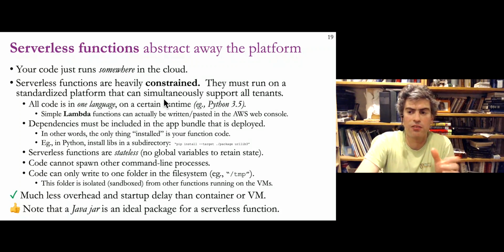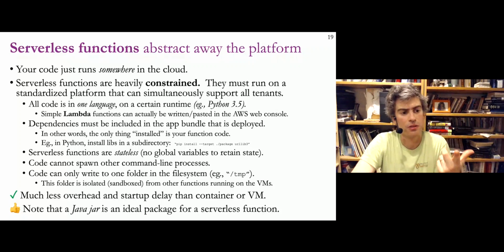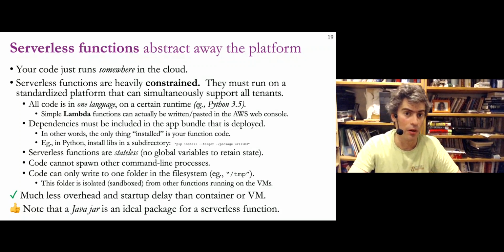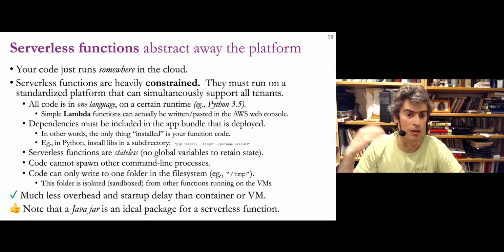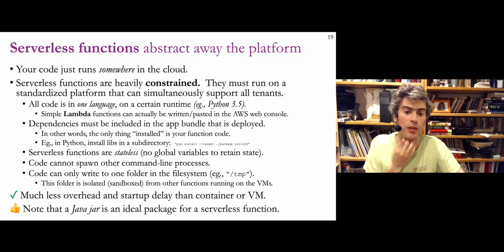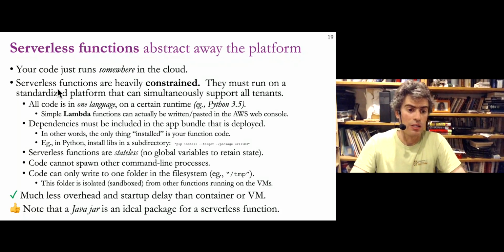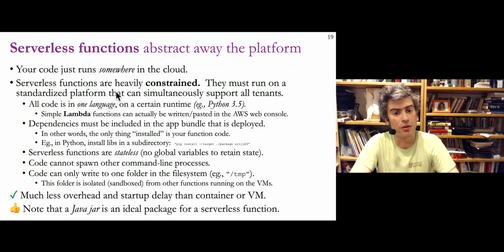The idea here is to not have to worry about virtual machines or containers at all, and just think about code and have it run in the cloud somehow, and let Amazon or Microsoft or Google figure out where it's run. To make this magic happen, there are a lot of constraints placed on serverless functions.